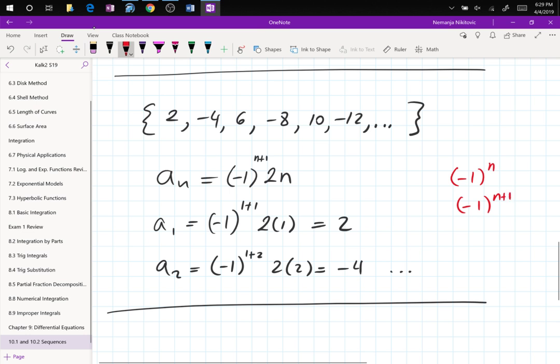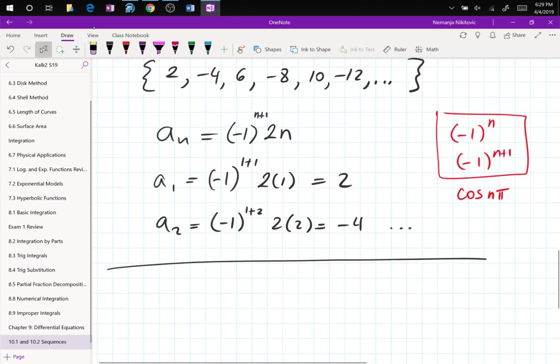Now, if you really want to be fancy, you can achieve the same thing with cosine n pi. Cosine of pi, cosine of 2 pi, cosine of 3 pi, cosine of 4 pi. It goes -1, 1, -1, 1. Now that's the fancy one. This is the one that we focus on. All right. So that's the alternating.